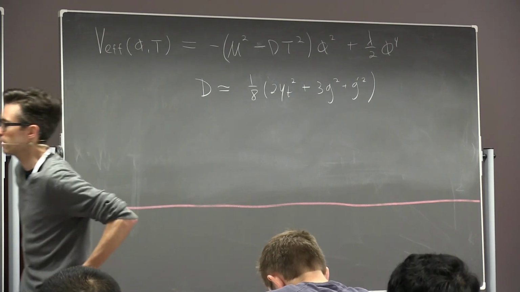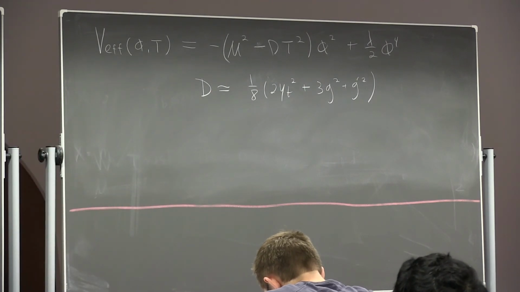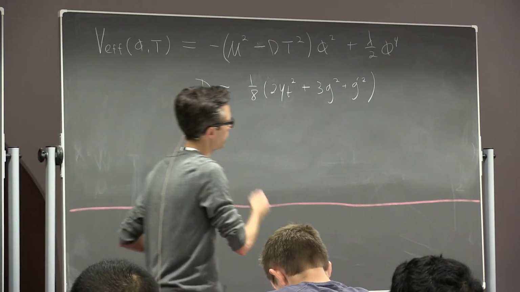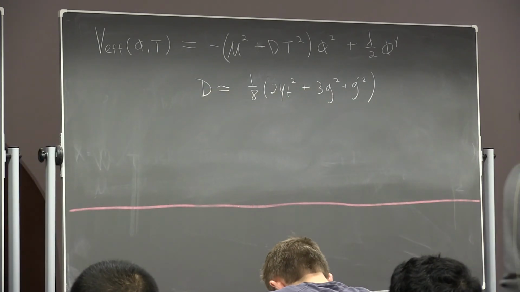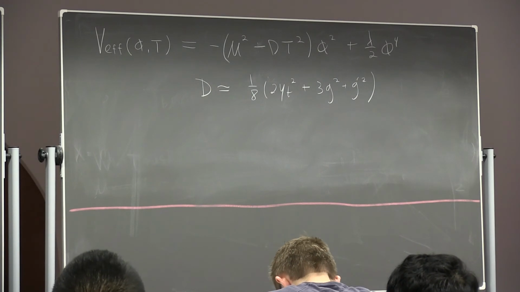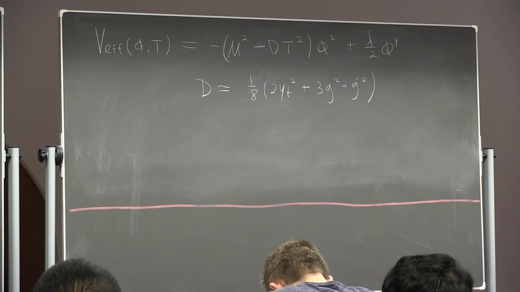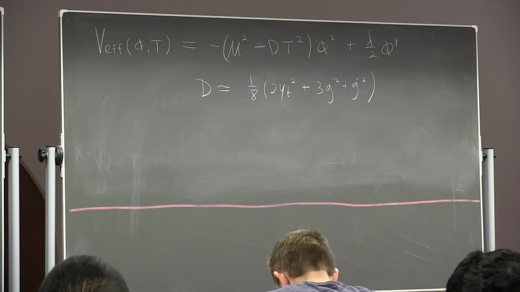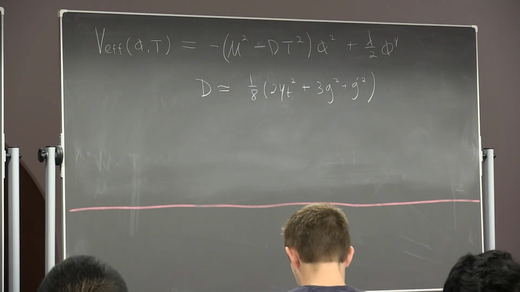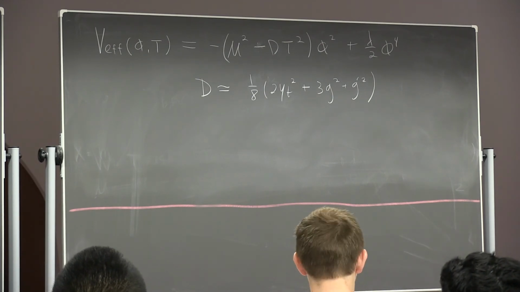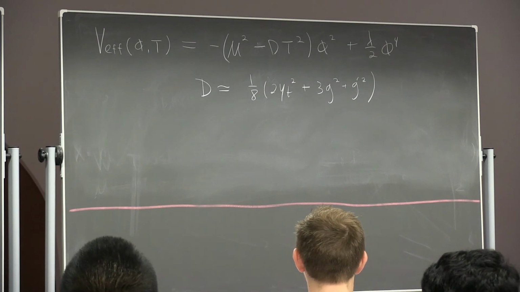So this correction is coming from taking these field-dependent masses, plugging them into the thermal corrections for J_B or J_F that come in over here, and the leading correction goes like x squared. So remember, x corresponds to m_i of phi over T, and the full correction involves J_B or J_F times T to the fourth.